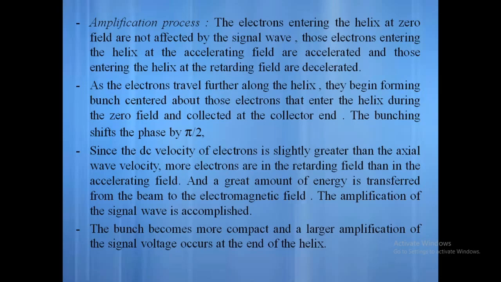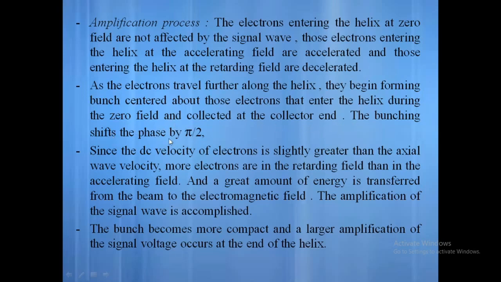What happens here is that the fast electrons with the transit time will combine with late electrons to form high energy, which affects the electric field present in the helix. As the electrons travel further along the helix, they begin forming a bunch centered about those electrons that entered the helix during zero field and are collected at the collector end.